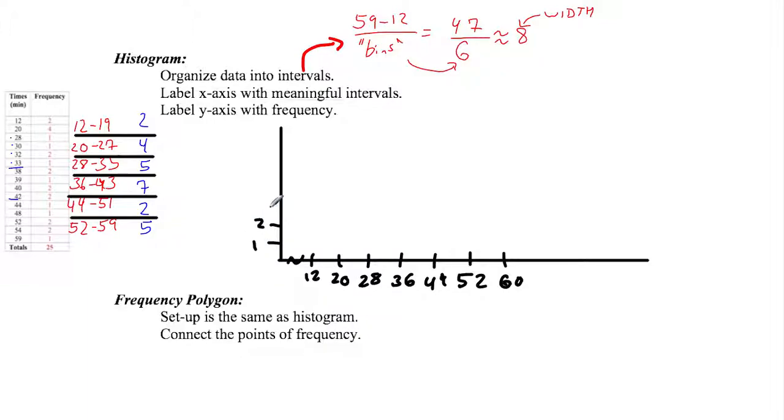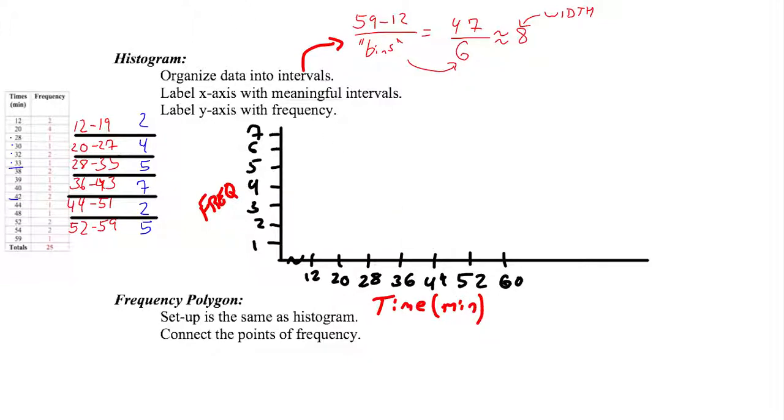So 1, 2, 3, 4, 5, 6, and 7. I have to make sure I label this, so I'm going to put this as frequency. And the x-axis, don't forget, this is time, which is going to be measured in minutes.